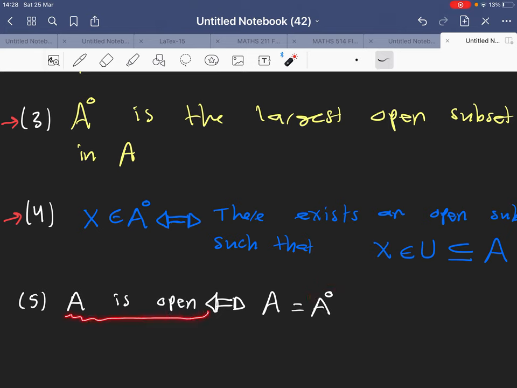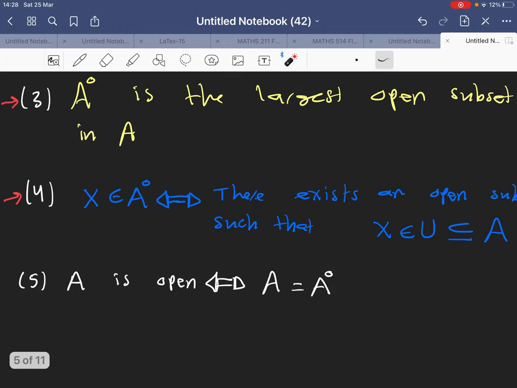Now, if A is open, it means A is the largest one, so they are equal. And of course, if they are equal, we know the interior is open, so A is also open. So it is if and only if in both ways.